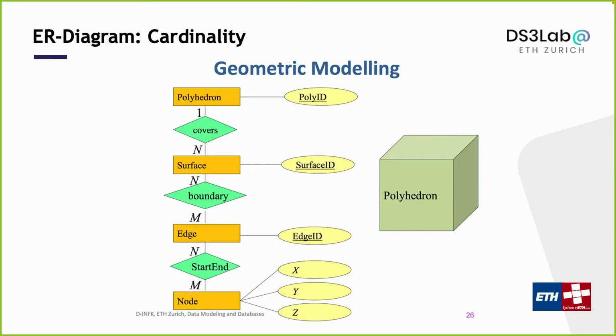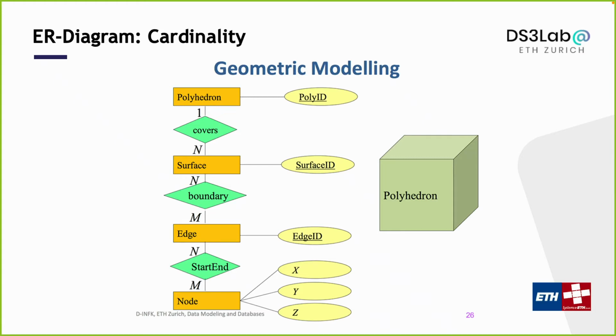So now let's look at one concrete example. Assuming we want to model all the polyhedra in three-dimensional space. So we have an entity, for example, a polyhedron, a whole bunch of those.